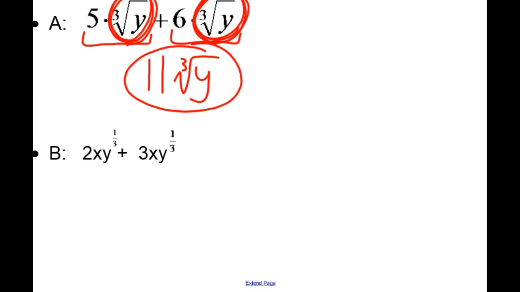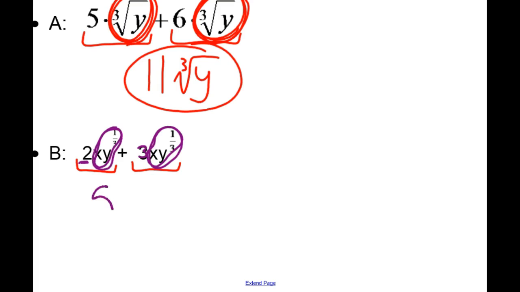When I look at B, I see one term plus a second term. When I focus in on those terms a little bit more, I notice that they both have a y to the 1/3 and an x as well to the first power. The two things I have in the purple circles are identical to each other. I have 2 of the identical circles and 3 of the other identical circles.